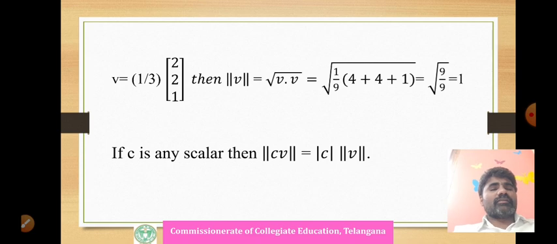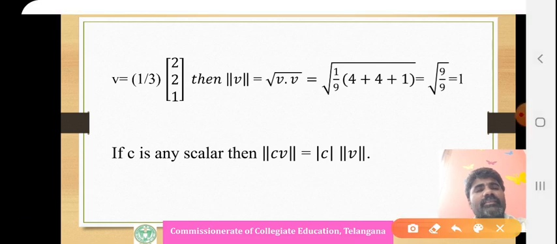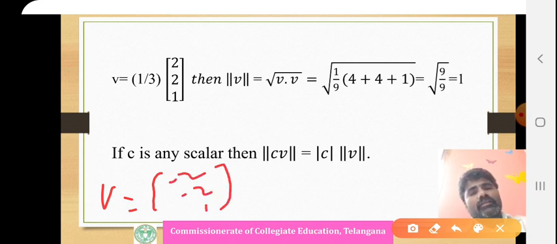Its length is 1. And here also we can identify that if v is 2, 2, 1, then v by norm v, with norm 3, is 1 by 3 into 2, 2, 1. Then it becomes a unit vector. In the earlier case, minus 2, 2 and 1 is a vector, and its norm is 3.